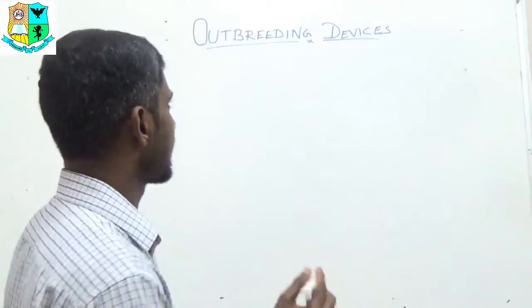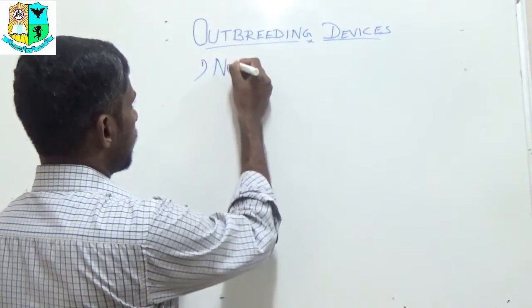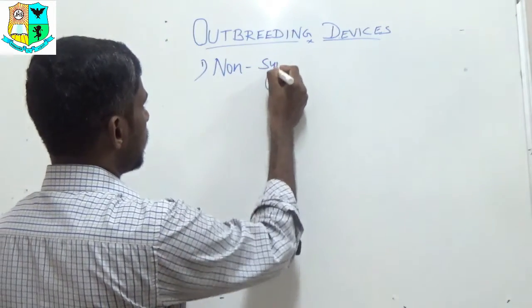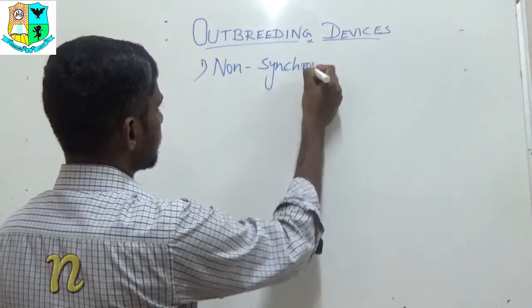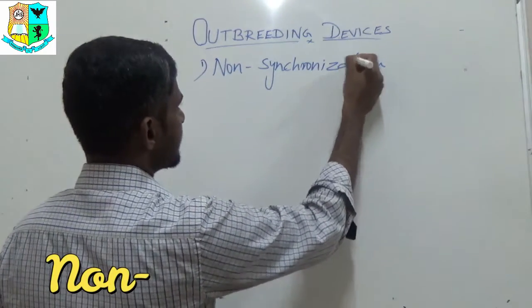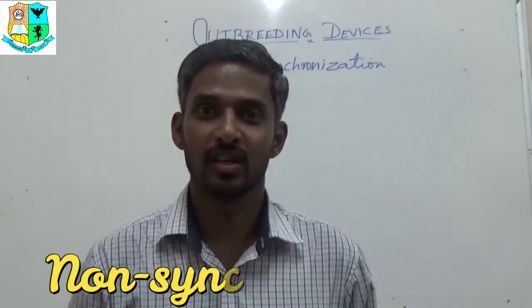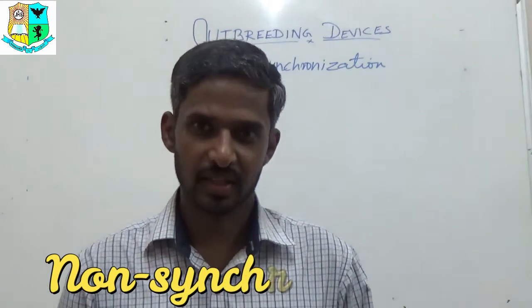The first device is non-synchronization. That is the first one we are going to study. So what do you mean by non-synchronization? You must have heard about the word synchronization. Synchronization means, especially during dance, we say your steps are not synchronized with the others.